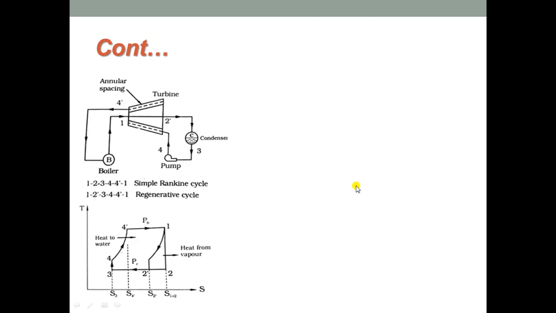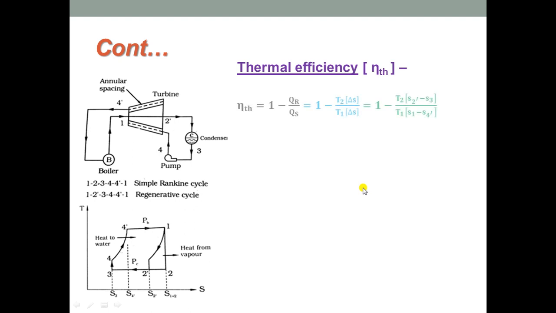The expression for thermal efficiency is given by 1 minus heat rejected over heat supplied, which can be written as 1 minus T2 into delta S over T1 into delta S. Here delta S in the numerator is the heat rejection process taking place from 2 dash to 3, so delta S can be written as S2 dash minus S3.